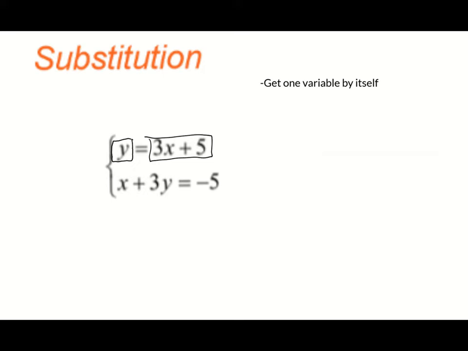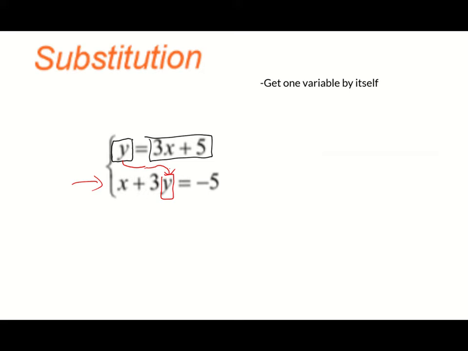In the next equation, this guy, there's an x and a y, and we see that the y is right here. The reason I care about that is because we have a y solved for up here, and that's the same y in the system of equations, the same variable.